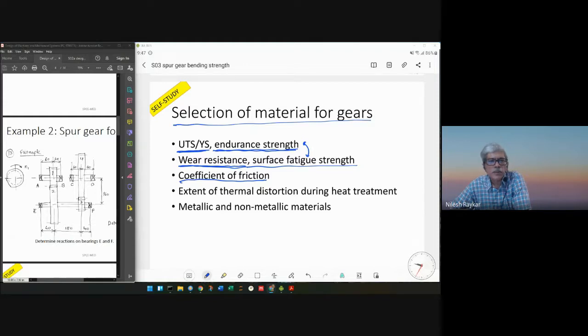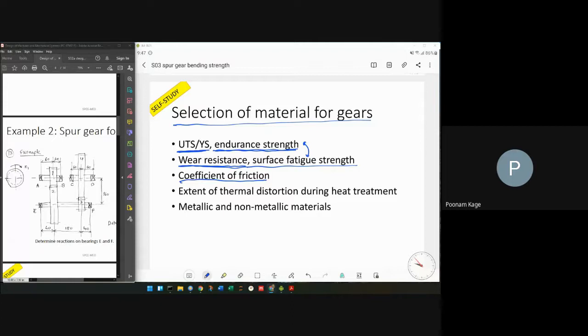Anybody else know? Starting with phosphor, what metal is there? Phosphor bronze. Phosphor bronze. That's right.